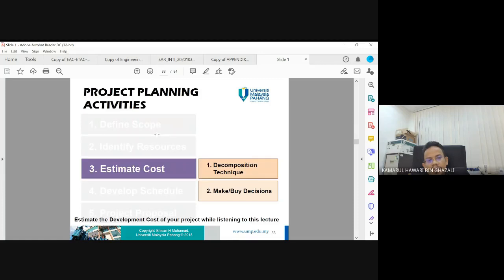Next is estimating costs. This is also one of the important parts of project planning, financial, to ensure that the project is not over cost. So you have to have a proper plan on the project cost: decomposition technique, make or buy decision.